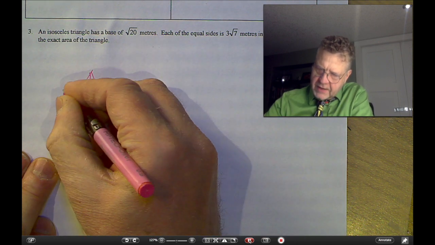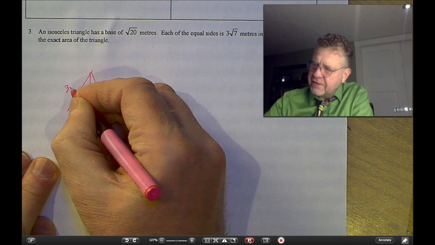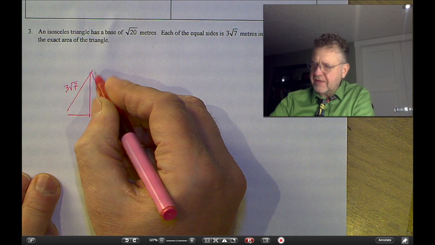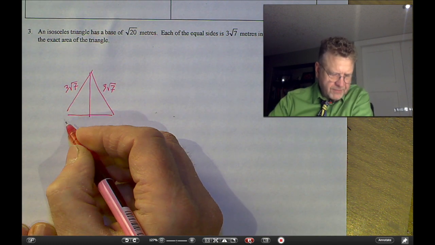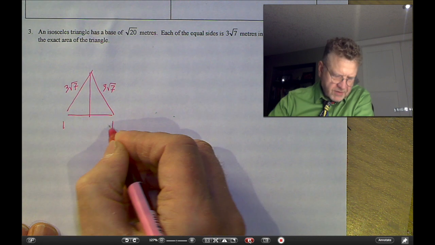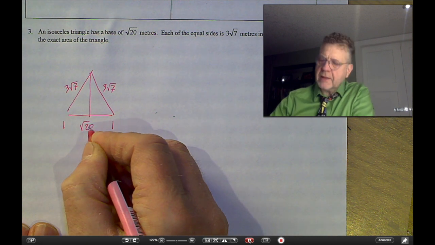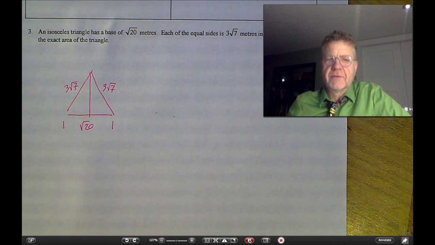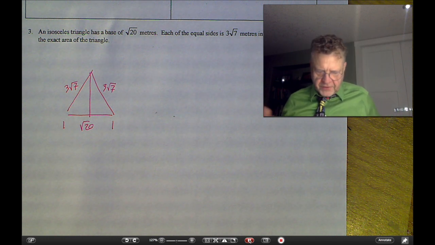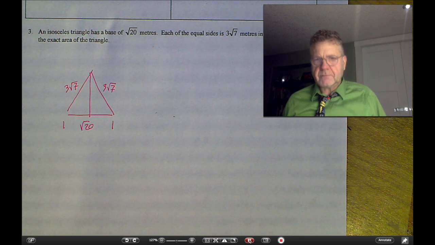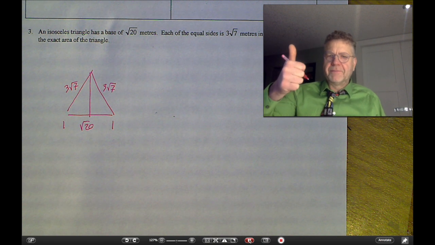And one side is 3 root 7, I think, which means the other side is 3 root 7, right? And then the base is root 20. You should be able to figure that out, right? Use half pi or 1/2 base times height to figure out areas and all that. It's all good. All right, take care.